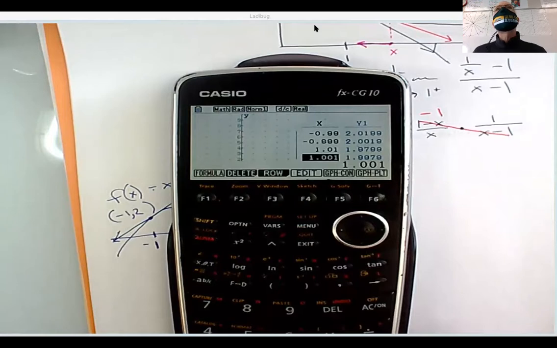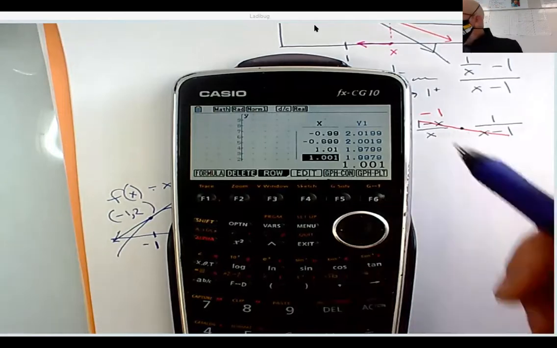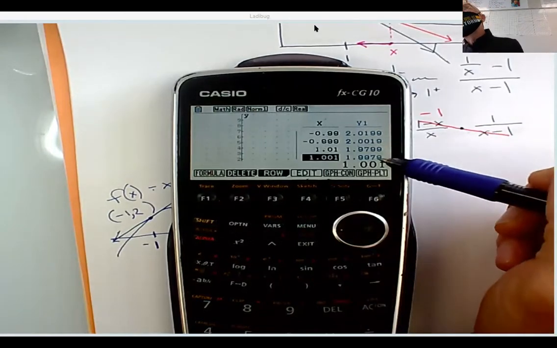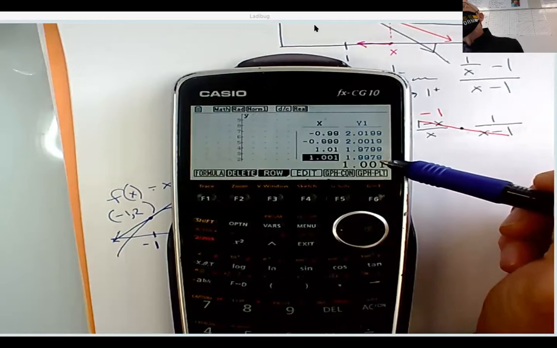And what do I think it's approaching? 2. I think it's got a slope of 2. Because you can see I'm really close to 2 here, and I'm really close to 2 here. I'm guessing 2.